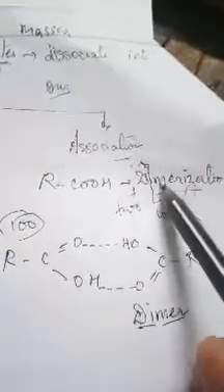Now coming to association, the example your book gives is carboxylic acid. Carboxylic acid is RCOOH. Now we say this undergoes dimerization. You have done hydrogen bonding last year also.